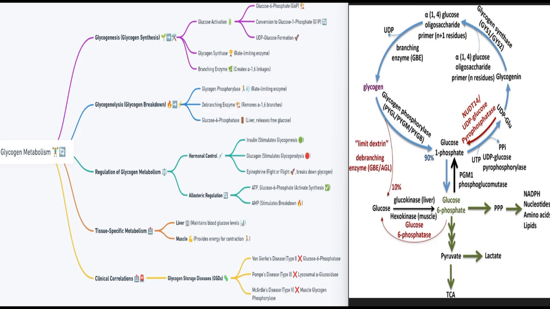And phosphorylase works steadily, digesting the branches of glycogen until there are 4 residues remaining from a 1,6 branch point.